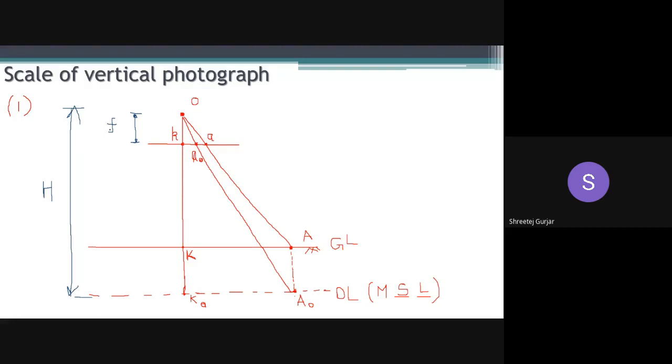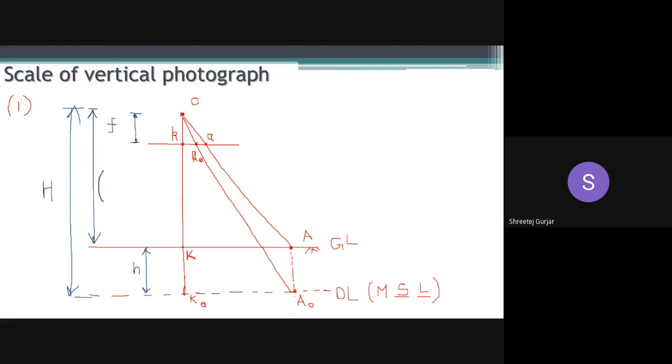Now this particular ground level is at a height small h from the datum. Now, can you tell me what is this height? This entire thing drawn here is your photo.